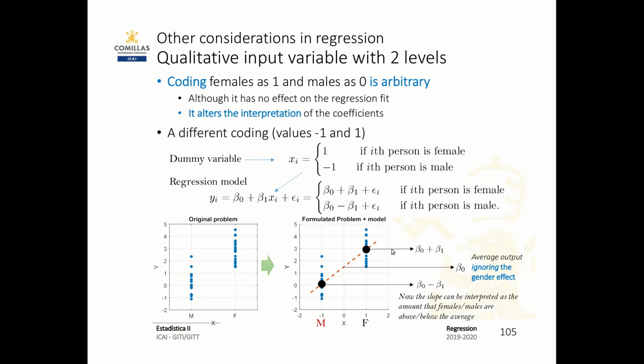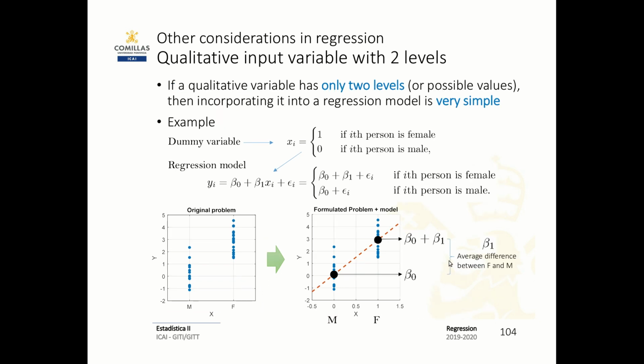The difference now between males and females is twice beta 1, and there is an interesting effect, that is that beta 0 is the average when we ignore the gender. Here the mean when we ignore the gender is beta 0 plus beta 1 over 2.